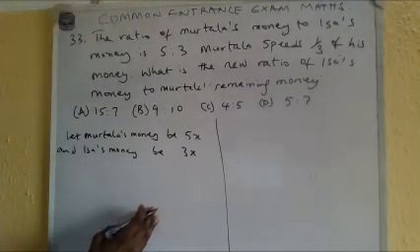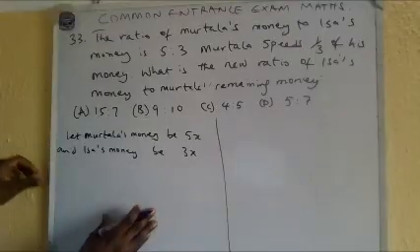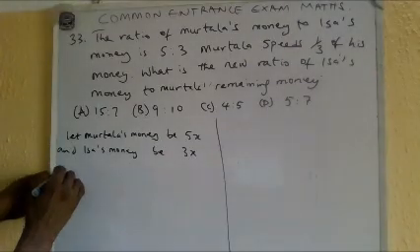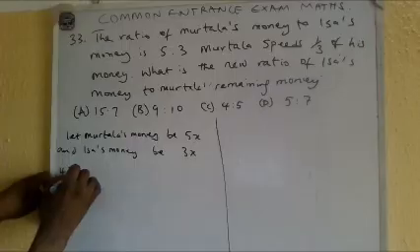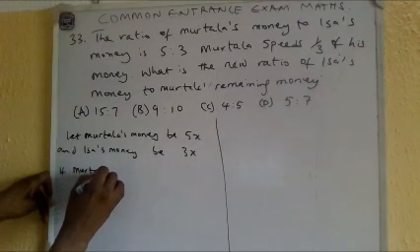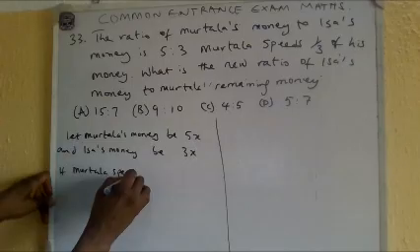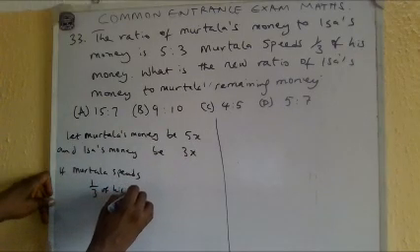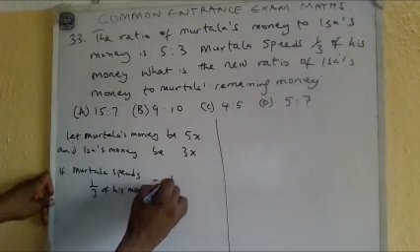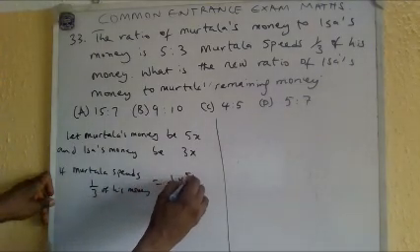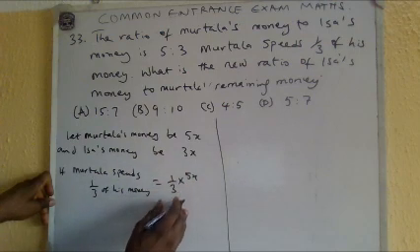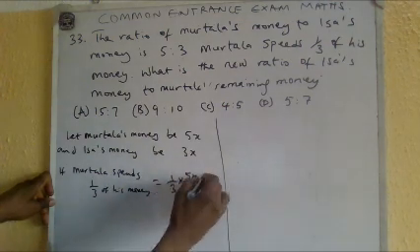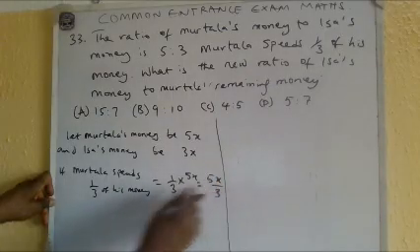So Murtala spends 1/3 of his money. So I have it mathematically like this: 1/3 times 5x. Understand? Which is 5x/3. So this is what he spends.